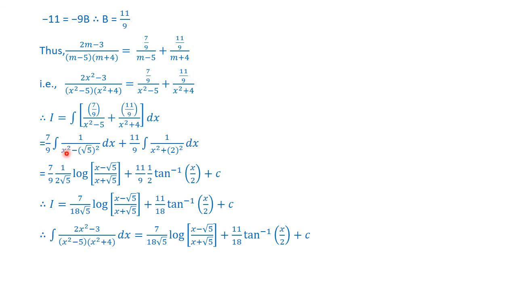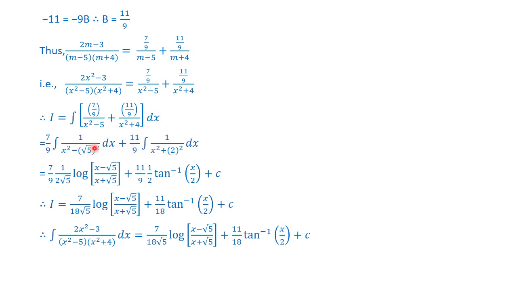Now 7 by 9 is a constant, and in the integration of 1 by (x square minus 5), 5 can be written as root 5 whole square, because it is a standard form, x square minus a square. Do you remember that one? Plus 11 by 9 constant into the integration of 1 by (x square plus 4), where 4 can be written as 2 square. It is again one of the standard forms, x square plus a square.